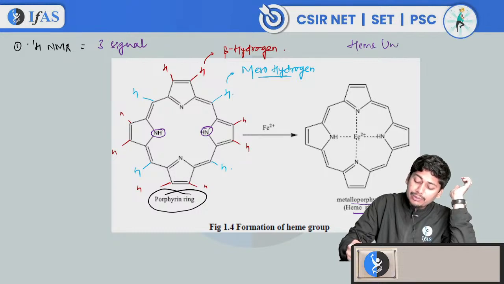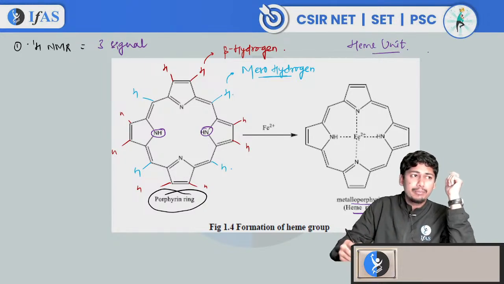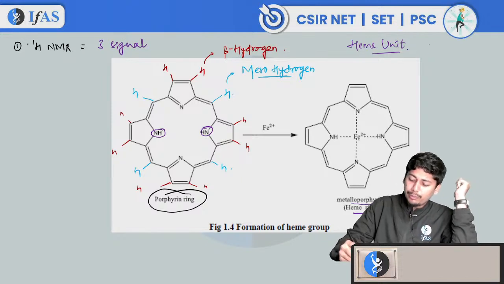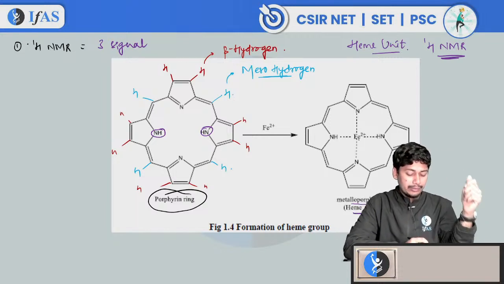unit. Now just tell me, in this heme unit that is being formed here, how many different H1 NMR signals will you observe here?